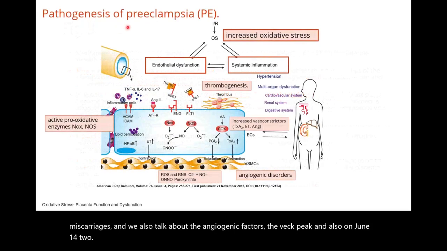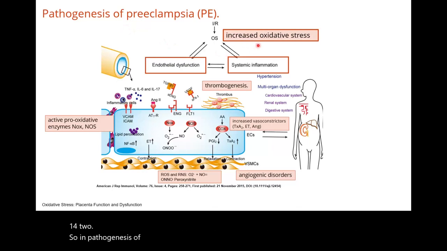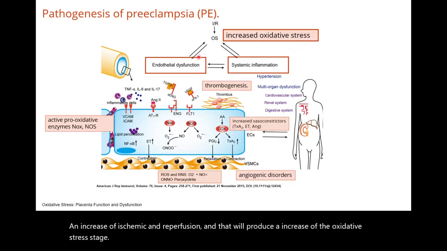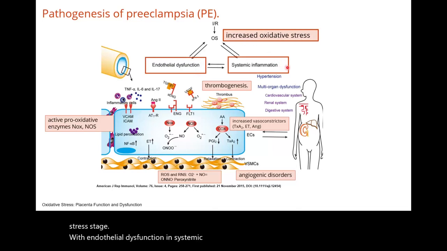So in the pathogenesis of pre-eclampsia, we're going to have an increase of ischemia and reperfusion, and that will produce an increase of the oxidative stress state with endothelial dysfunction and systemic inflammation.